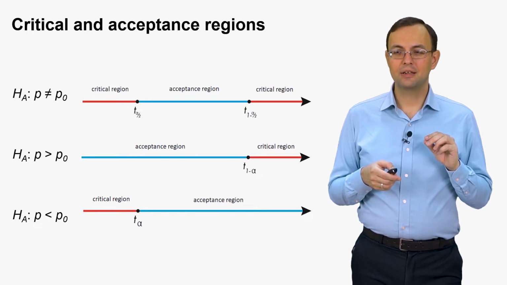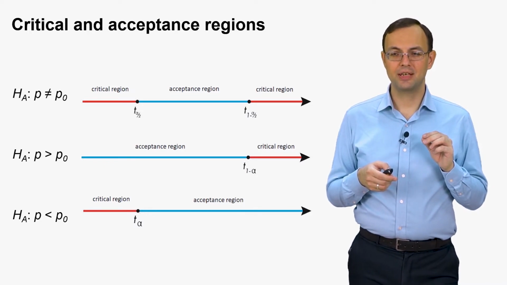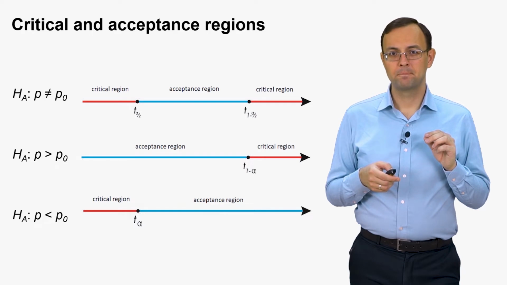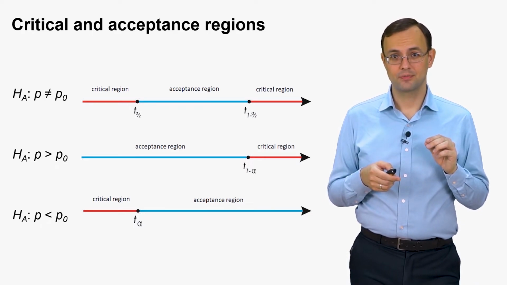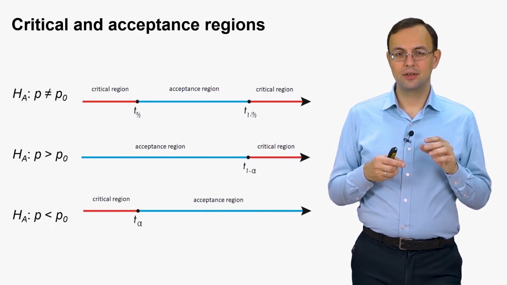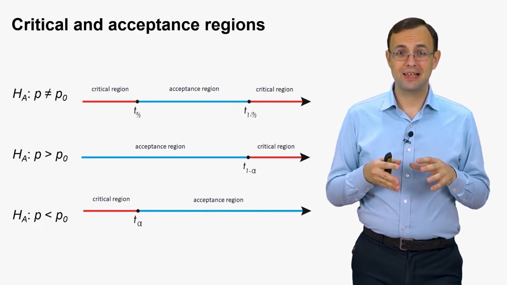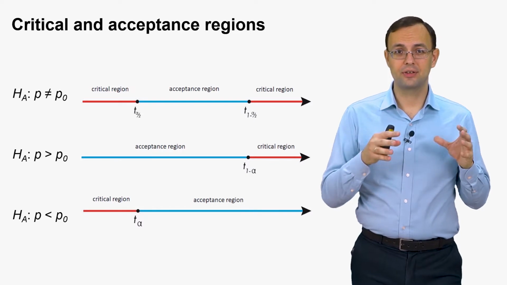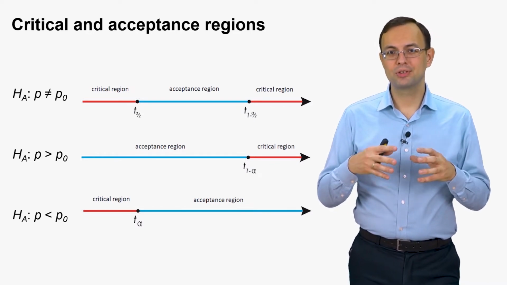So we are actually to understand how the test statistic changes when the null hypothesis becomes less and less true and the alternative one becomes more and more true.